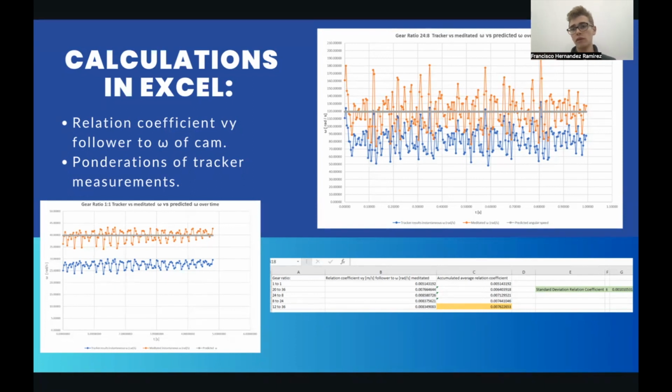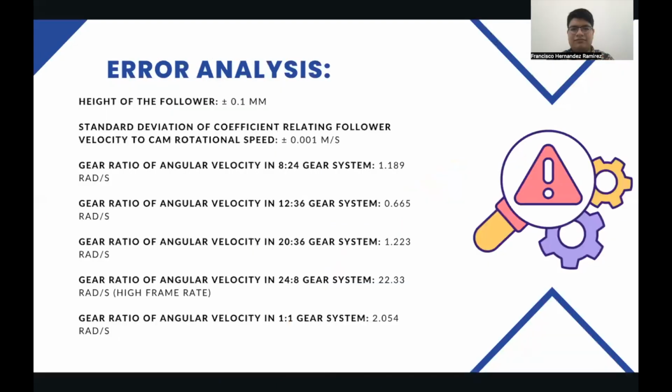We got those maximum velocities, made an average, and then divided it by the weighted values for the rotational speed. And that's how we get the constants. As you can see, the 8 to 24 and the 12 to 36 ratios, which are exactly the same, do result in extremely similar coefficients, which means we're on the right track. And the standard deviation between all the coefficients is around 0.001, which is very accurate.